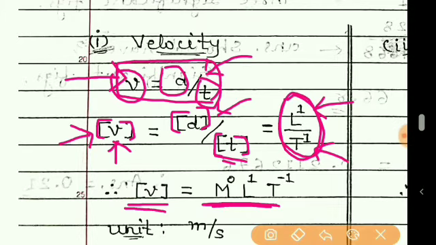So M is written here, but its power is 0. For simplicity we used to skip this, but we have to put the power 0 because there is no mass. For L, it is L raised to 1, and time is in the denominator, so when we write T here, it is T raised to minus 1. I hope you understood this.